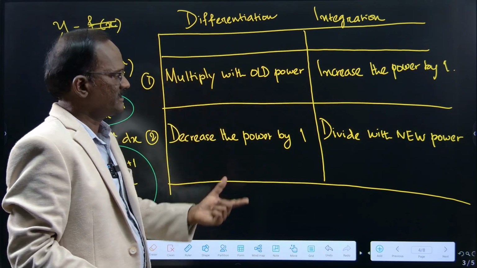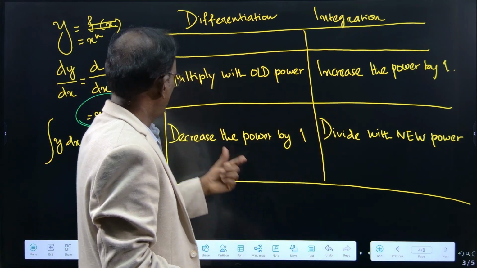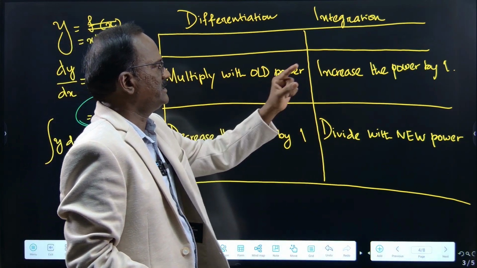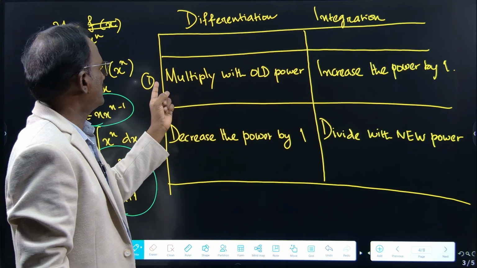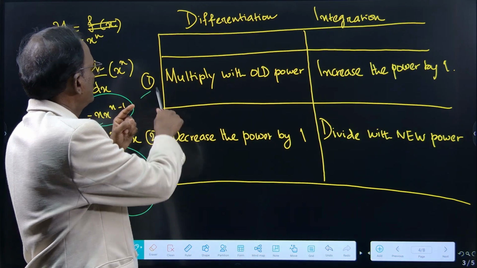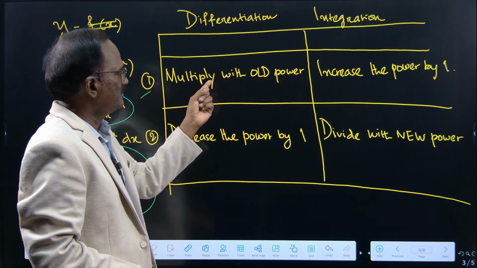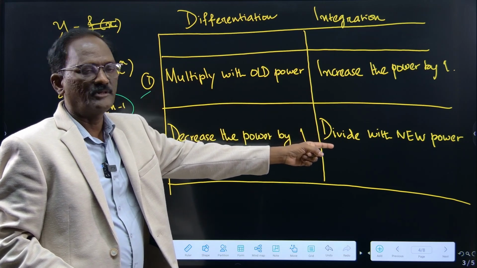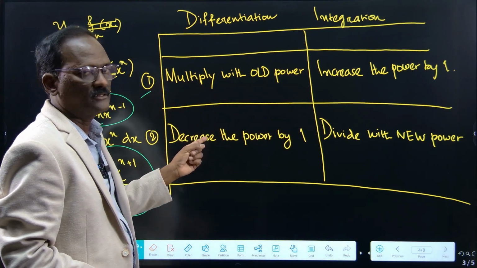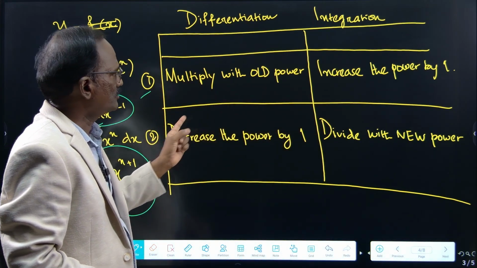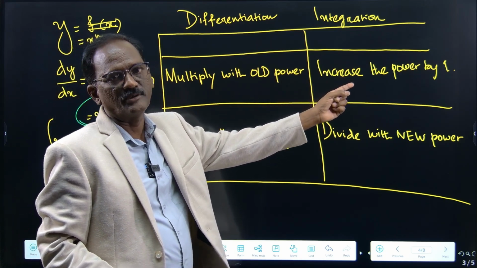Multiply with old power, divide with the new power. Decrease the power by 1, increase the power by 1. Here in step number 1, multiplication, but division is in step number 1 for integration. Power decrement in step number 2 for differentiation, power increment for integration.